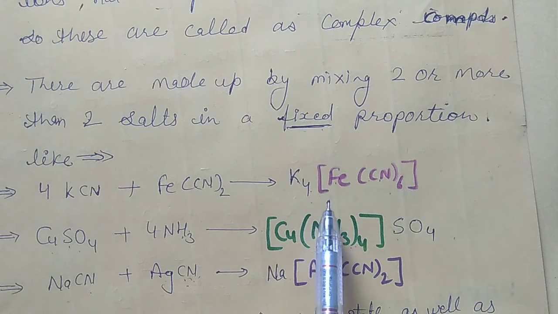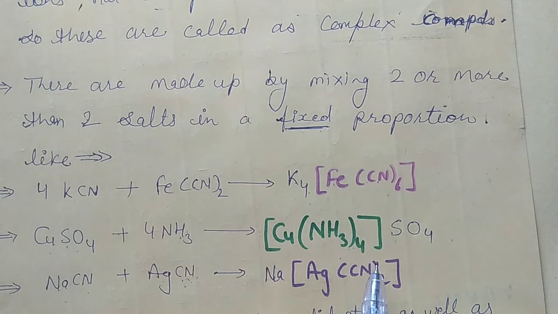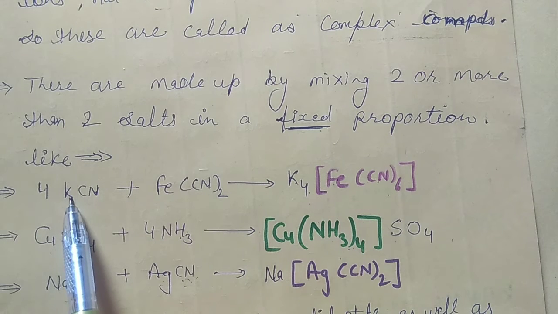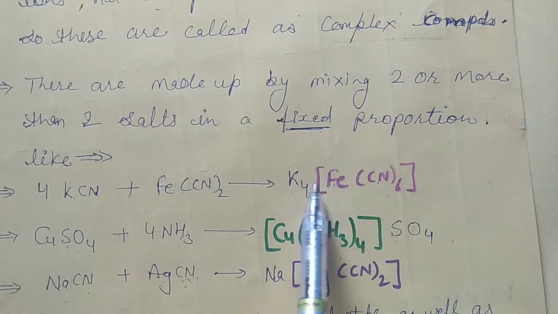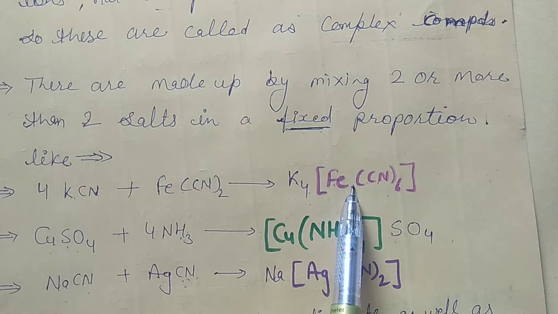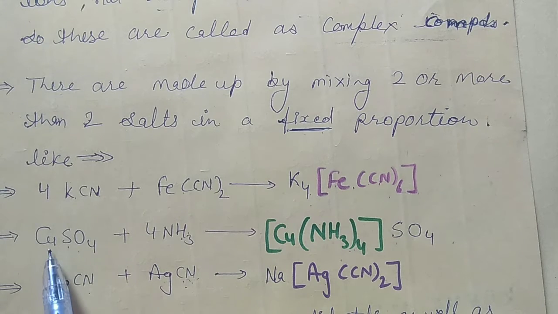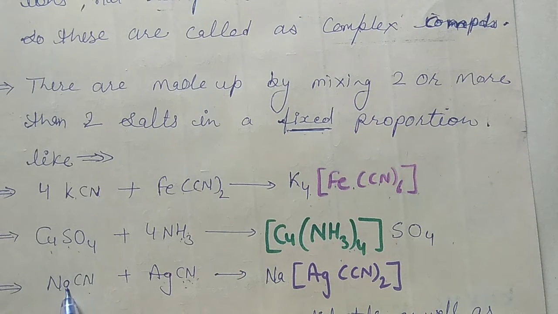Okay, when we dissolve these compounds into water, they can't dissociate into their constituents. Constituent ions would mean there should be K plus ions, CN minus ions, Fe plus 2 ions also, but we will not obtain all these ions. Similarly, in this one Cu plus 2, SO4 ions and NH3 should be obtained but are not. Here Na plus, CN minus and Ag plus ions should be obtained, but we do not obtain these ions.